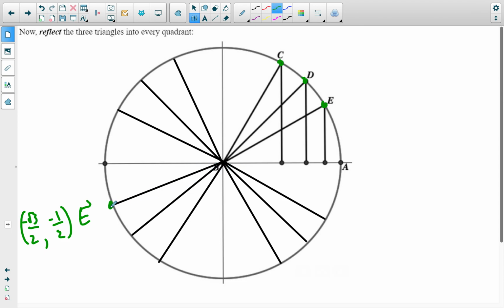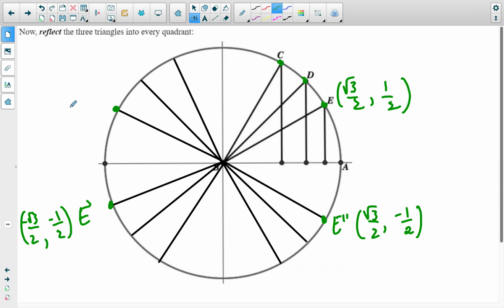And then what other segments did we get from E? We got this one as well, right? This is like E double prime if we just reflected it as well. And here we're in positive x territory and negative y territory, because we started here, and then we're just reflecting it over.